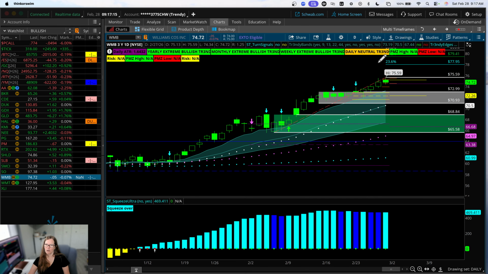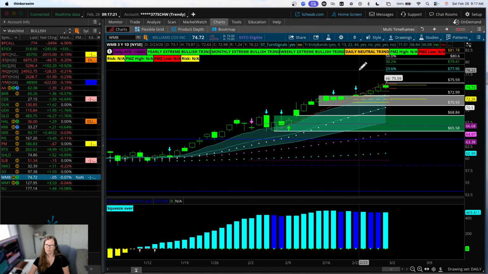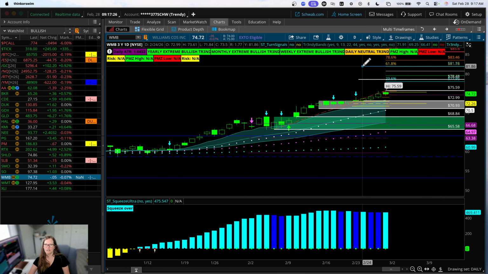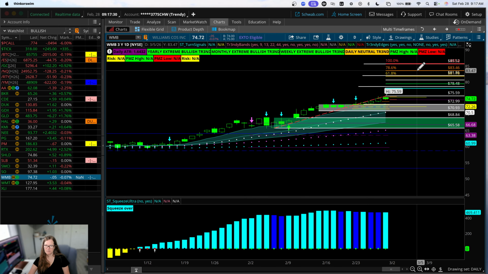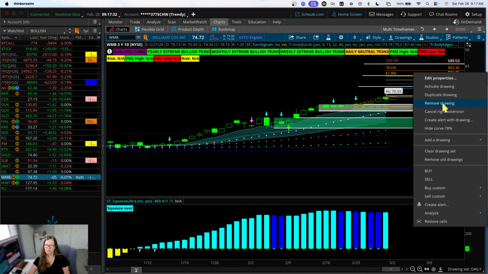And I'm going to go right here in between the 236 and 38.2, then the 618 and the 100. Okay, those are some upside targets on Williams.